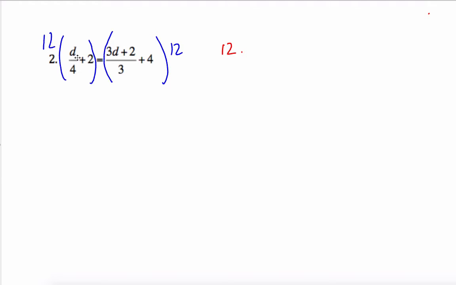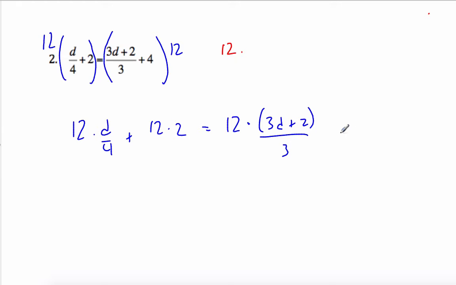Each term gets multiplied by 12. So it's going to be 12 times d over 4 plus 12 times 2 equals, and the 12 gets multiplied by the next term, 12 times 3d plus 2 over 3 plus 12 times 4.